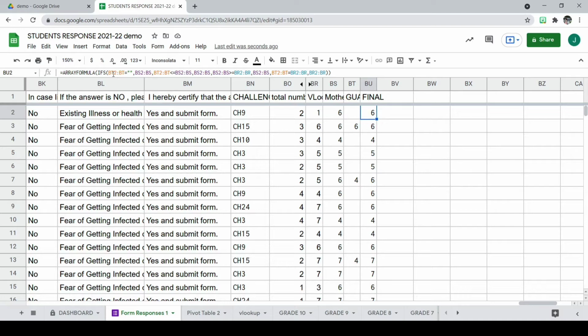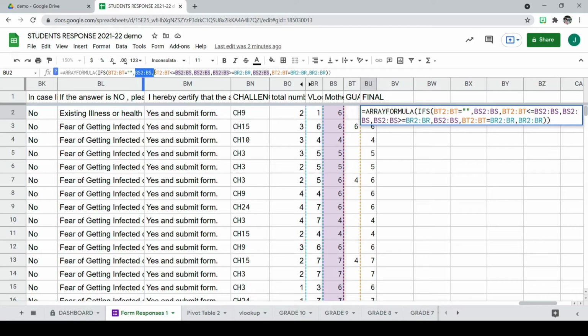Ay kung i-explain ni nako, array formula, inaray ang formula. If kaning BT2 is equivalent to blank, therefore ang tubag niya kay ang BS. Pero kung false, ang BT2 nato is less than or equals to BS nga column, therefore ang tubag is BS.